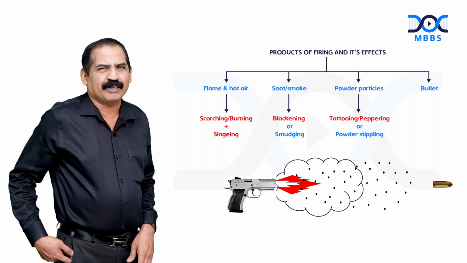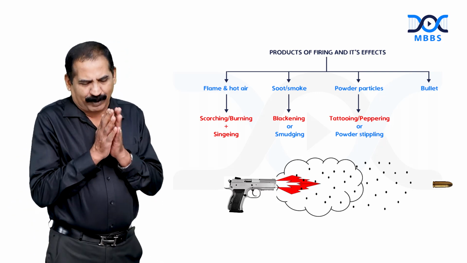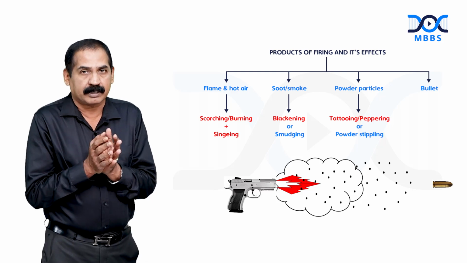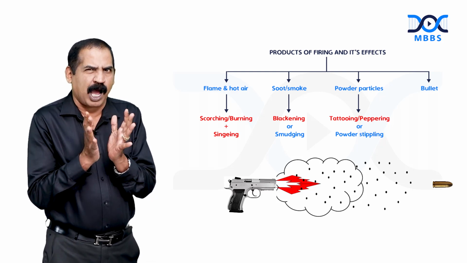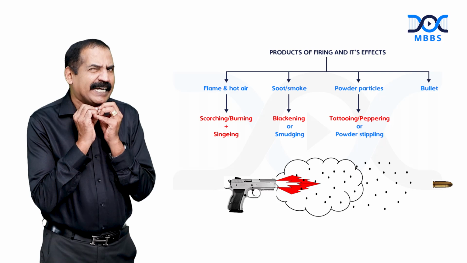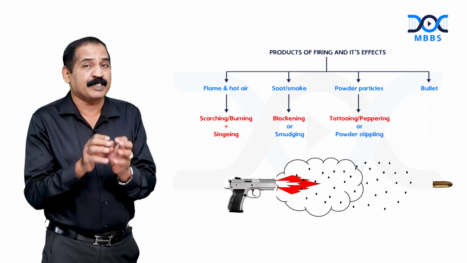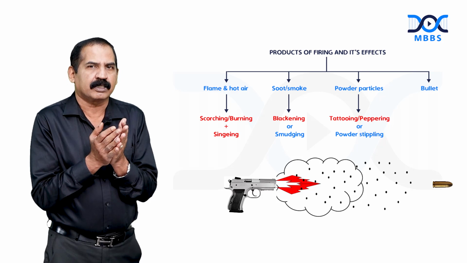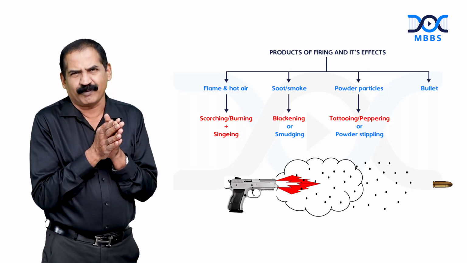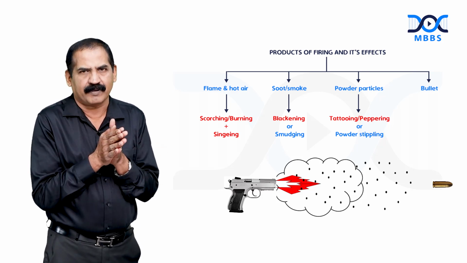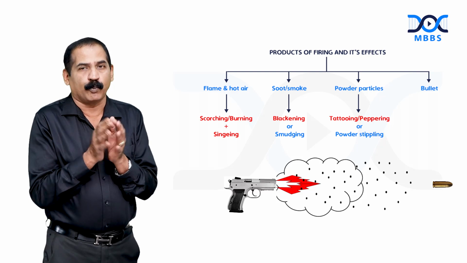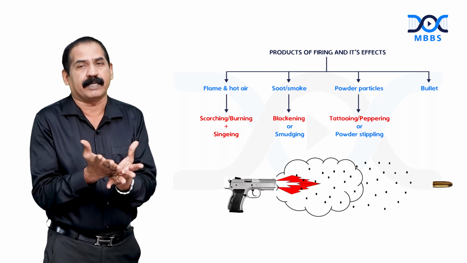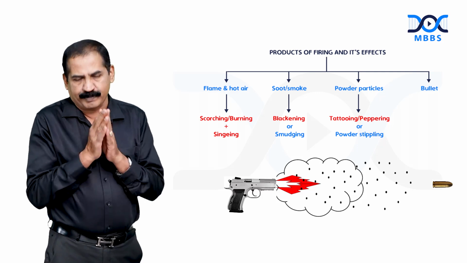See, once the gunpowder is burnt, the majority of the amount is burnt completely. Once it is burnt completely, it forms soot as well as smoke. Wherever there is fire, there will be smoke. So, once the powder particles burn completely, they form soot and cause blackening.